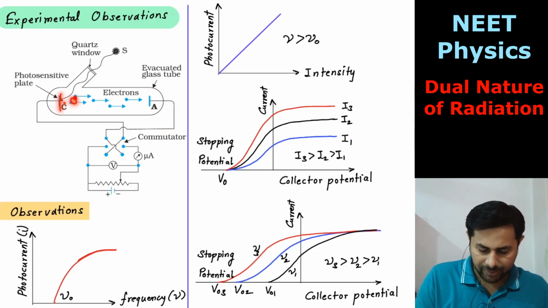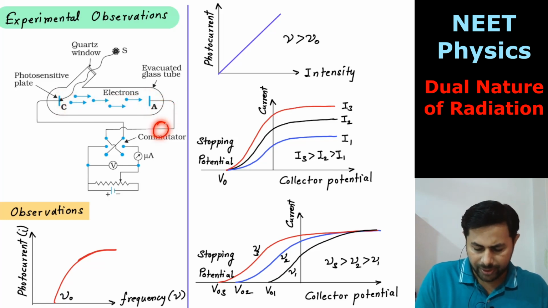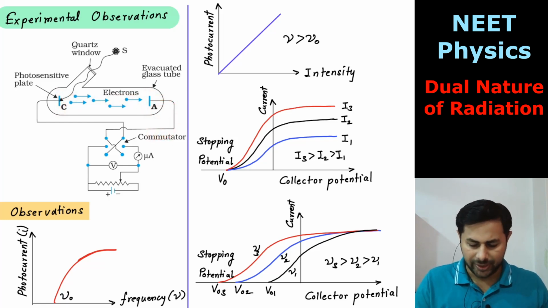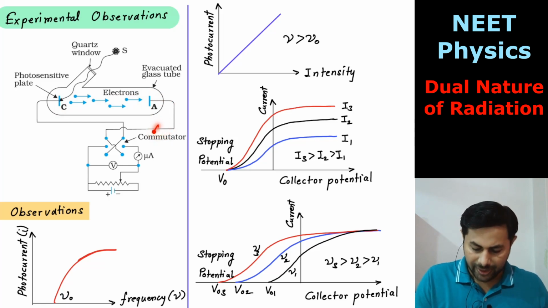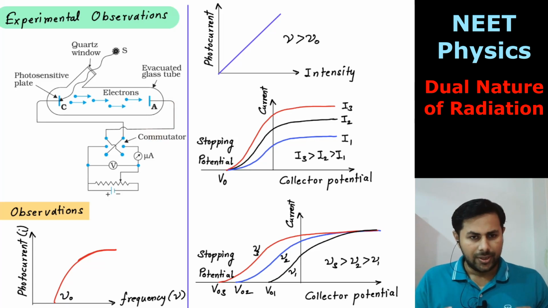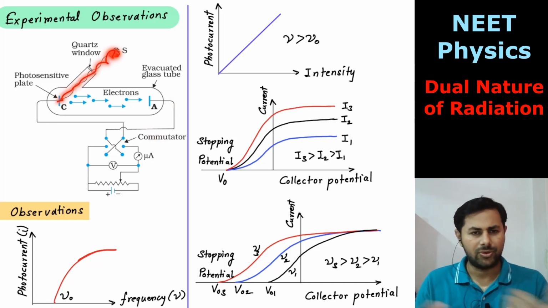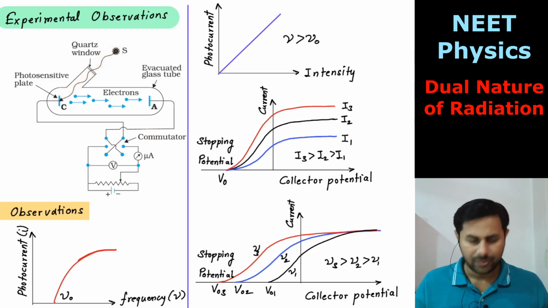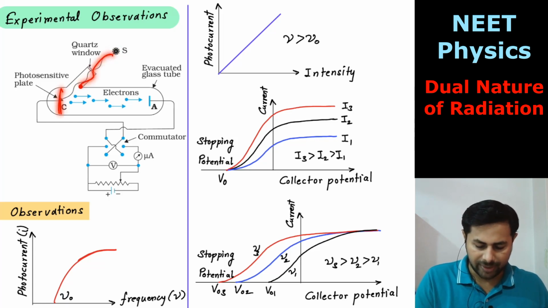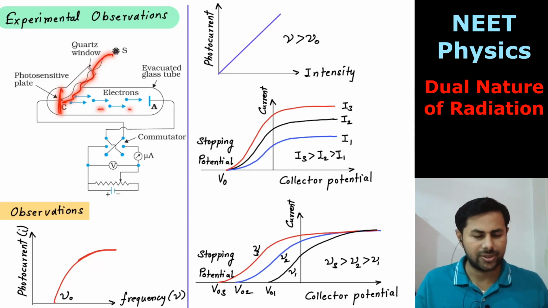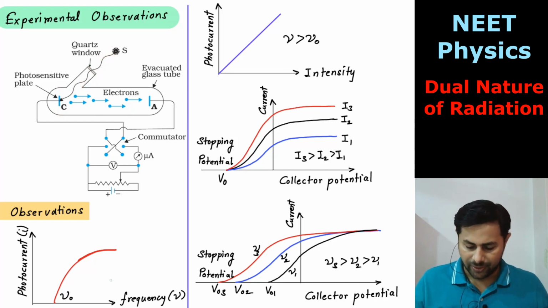The electrons are emitted by the cathode, they get collected by the anode, and then you connect an ammeter in this circuit. When you connect an ammeter, it will measure some current. That current is called photocurrent. Why photocurrent? Because the electrons are emitted by photoelectric emission: you make light incident on this metal surface and electrons come out. So that's why this current is known as photocurrent.